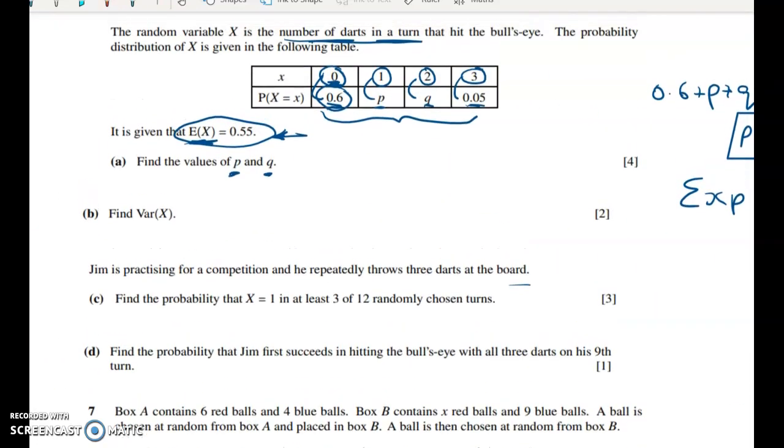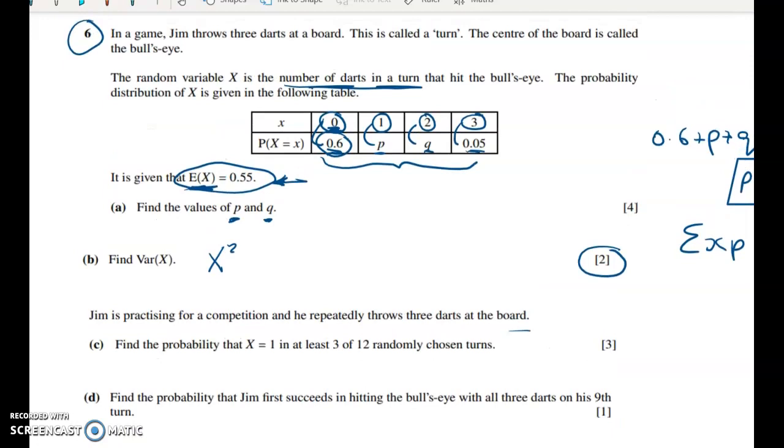And from there we can go on and we can find the variance of x for the second part. Now, whenever we're finding a variance for a discrete random variable, we're going to need to be working with the x squareds. So when I've got a probability distribution table, I like to put in a row just up here with the x squared values straight away.